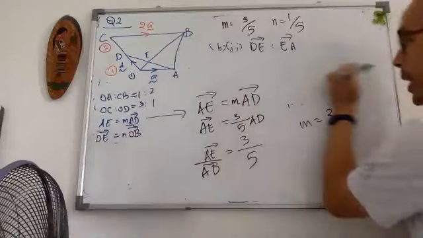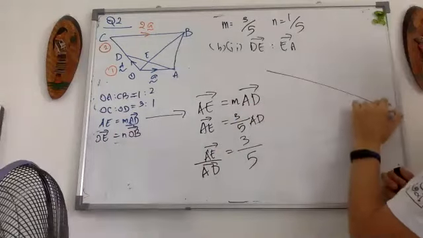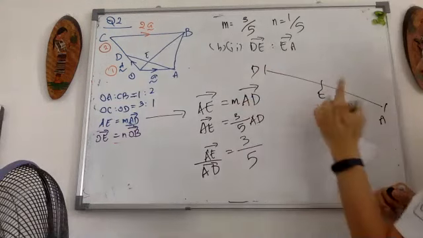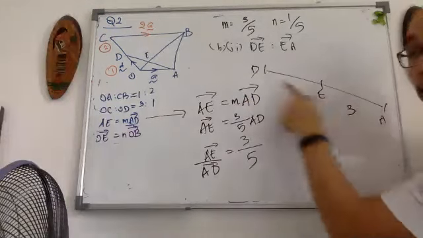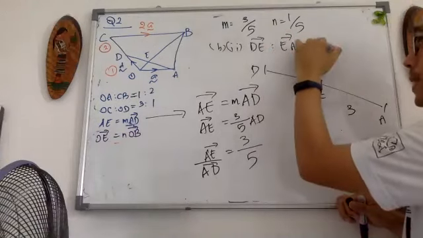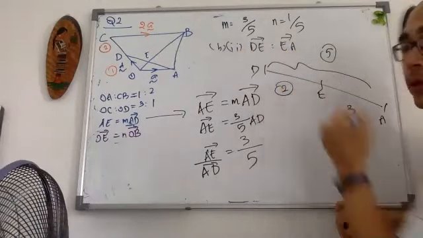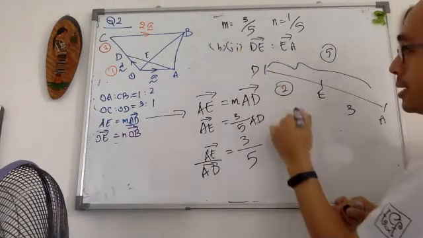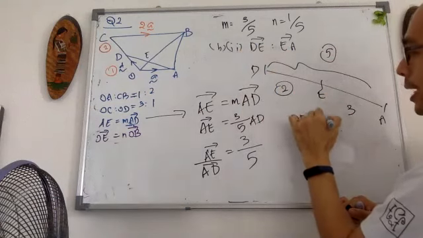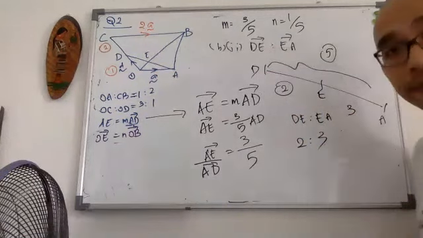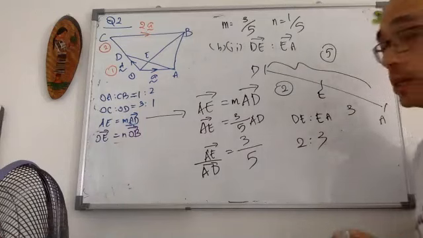I'm going to draw the line: A, E, D. A to E is 3 parts. A to D is 5 parts altogether. So this must be 2. Therefore, DE to EA will be 2 to 3.